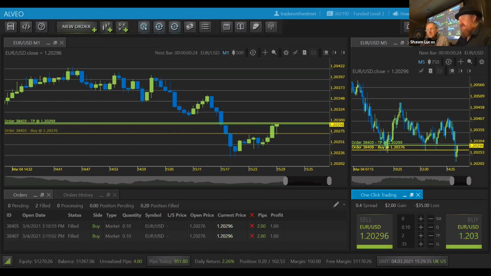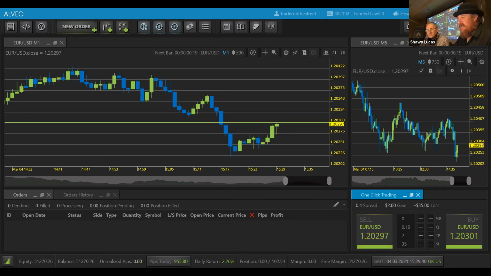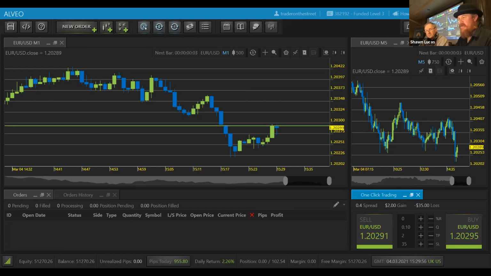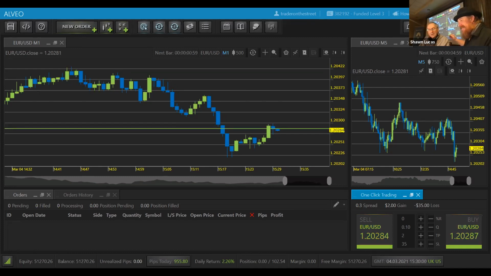So it's just not a certain. That's just kind of a rule of thumb that I use. If it retraces a half or less, then look for it to continue. If it retraces more than a half, look for the reversal.